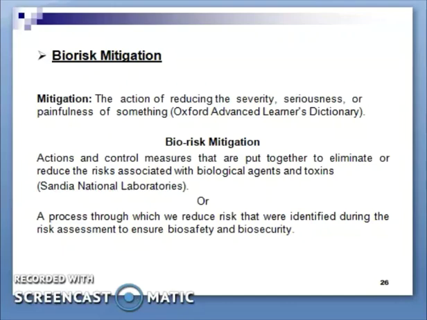Or we can say that biorisk mitigation is a process through which we reduce risk that we identified during the risk assessment to ensure biosafety and biosecurity.